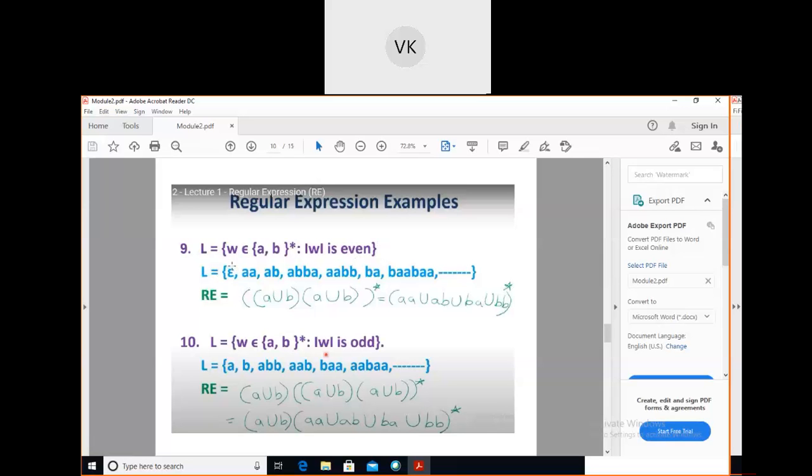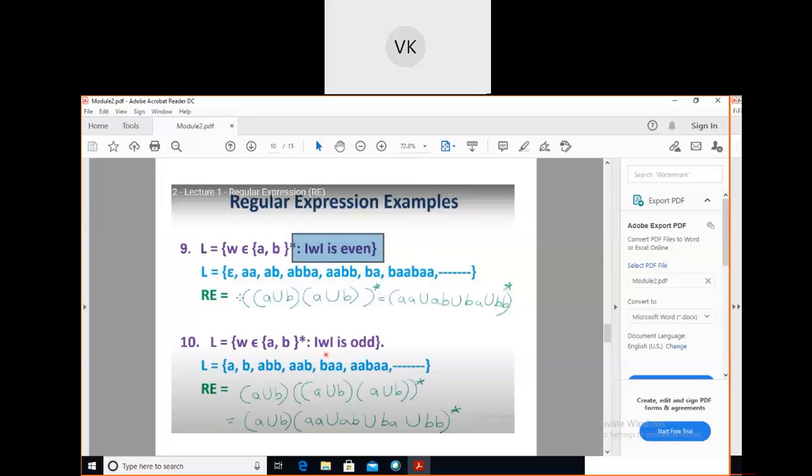Epsilon means 0, and 0 is also even. Then 2, whatever the letters may be: two A's, AB, BA, whatever. Only I am going to count the number of letters: 0 times, 2 times, 4 times, 6 times, 8 times, and so on. Whatever the combination of the letters, all satisfy the condition of the given language.